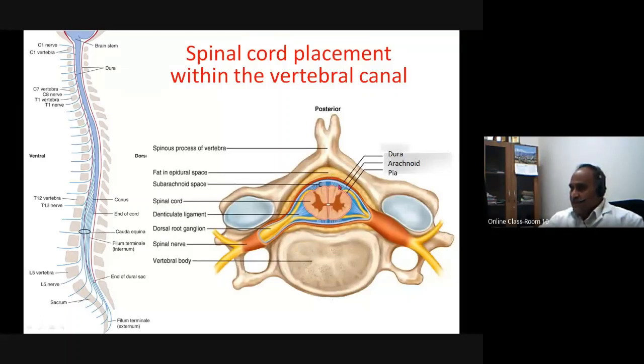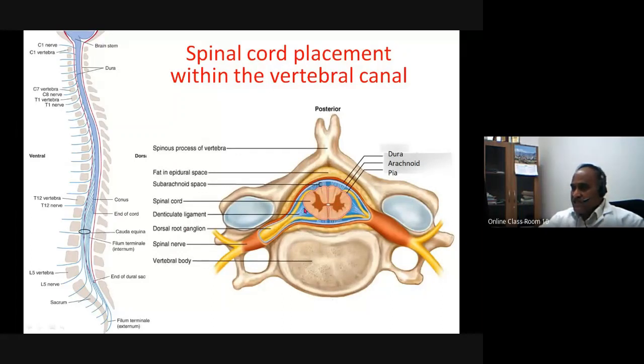This is a subarachnoid space. When they do the lumbar puncture, they enter into this subarachnoid space, which is filled with the cerebrospinal fluid. And in the center is the central canal. So we have these structures.